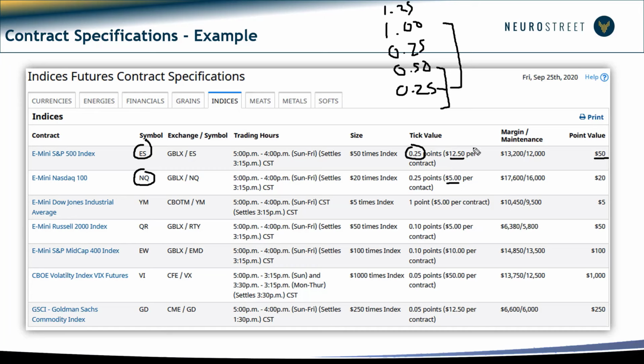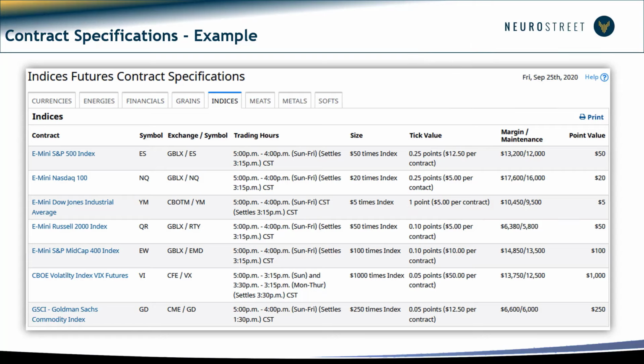It's just that the NASDAQ is a little bit more volatile. Other markets like the Dow Jones, the YM, don't move in 0.25 increments. It literally moves 1 point at a time, so it moves up 1, 2, 3, 4, and every time it does that, it's $5. This is very important to understand, that every market's different.